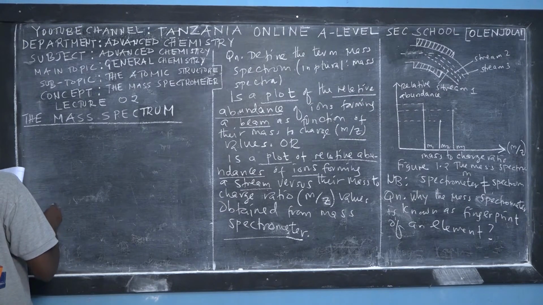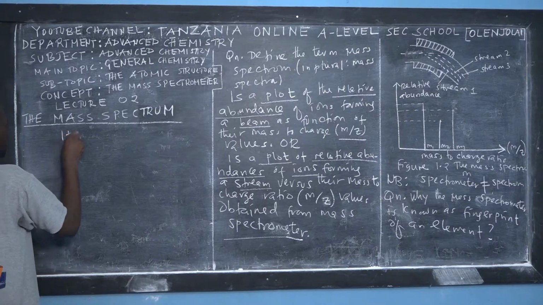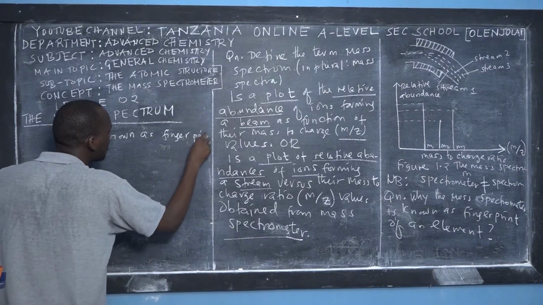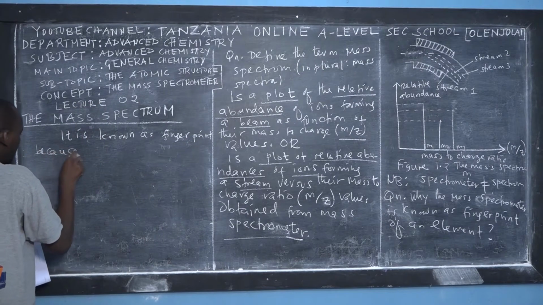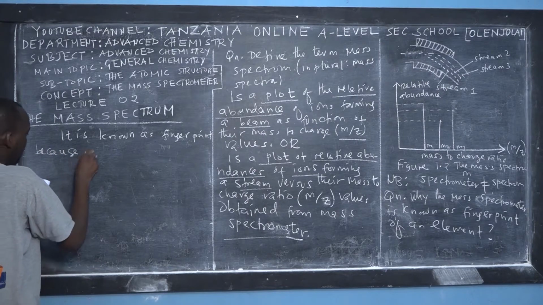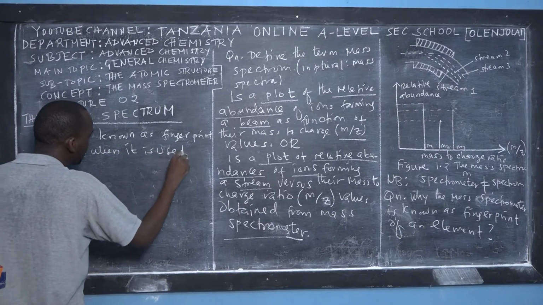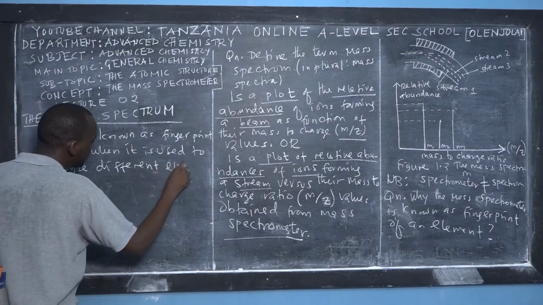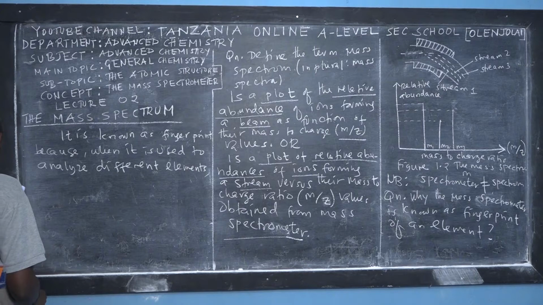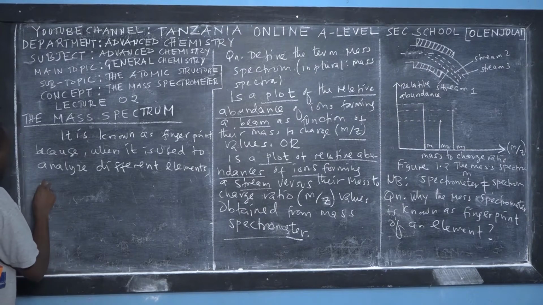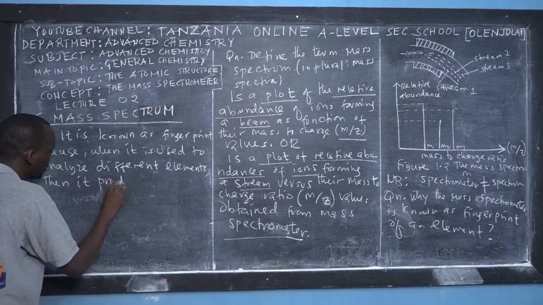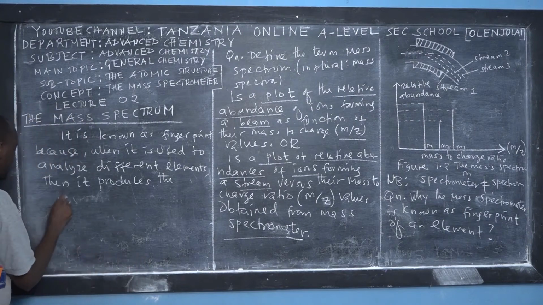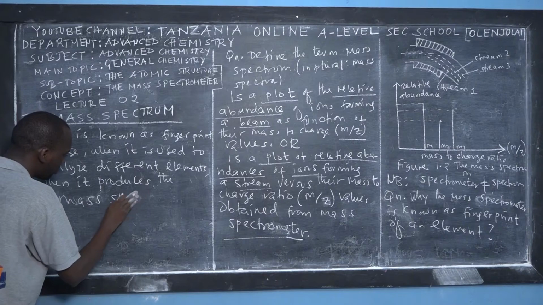So we say that the answer is: the mass spectrometer is known as a fingerprint because when it is used to analyze different elements, it produces the mass spectrum.